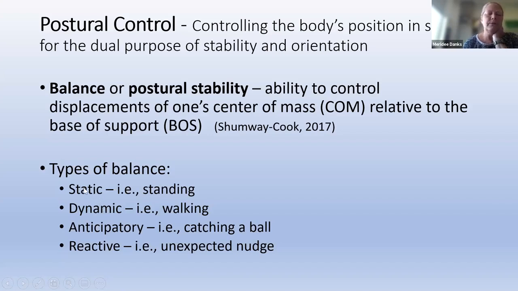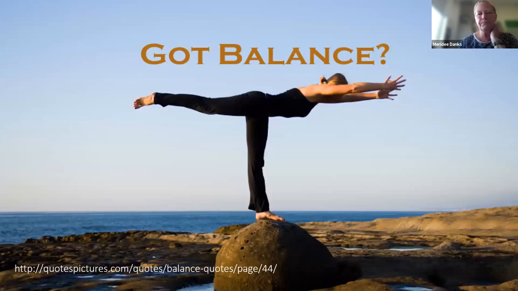If we do intervention and we always work on the person keeping their center of mass within their base of support, working static balance, it doesn't carry over to improving dynamic balance. So in order to improve each of these, we need intervention programs that address where those impairments are.